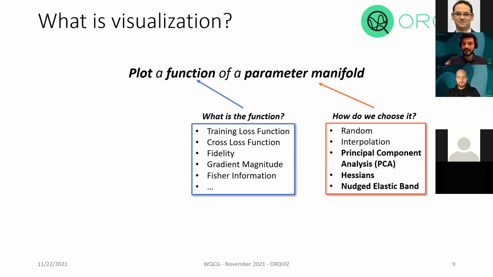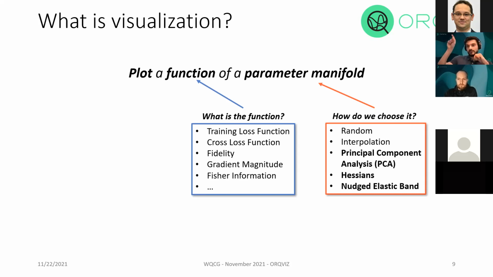So the parameter manifold is a slightly complicated name, I guess, for a low dimensional manifold of parameters in your high dimensional parameter space. If you have 10 parameters, you have a 10-dimensional space where every parameter vector is a point.